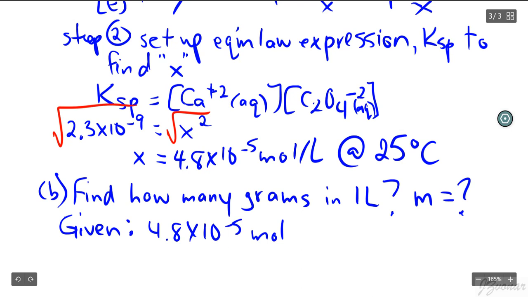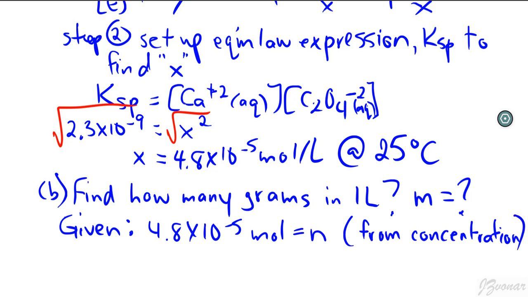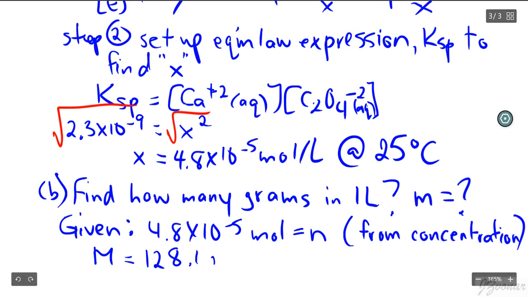Okay, this is our moles, so this equals n. And we got that from the concentration in the previous question, the molar concentration. So in order to do this, we're going to need the molar mass of calcium oxalate. When I look that up using my periodic table, I get 128.1 grams per mole.